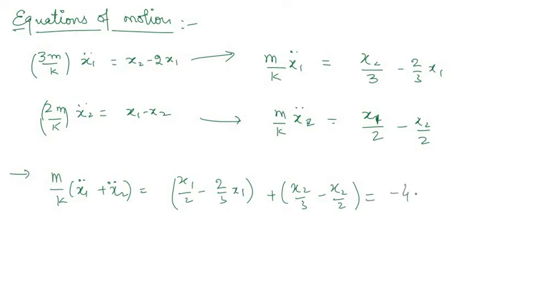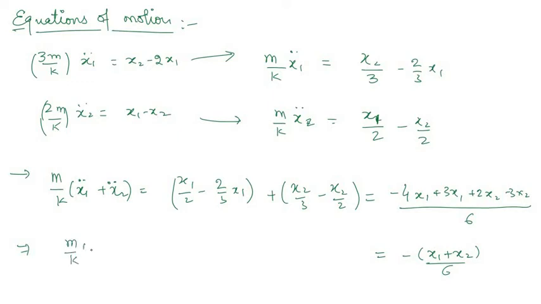So this is equal to minus of 4x1 plus 3x1, and this will equal to plus 2 of x2 minus 3 of x2 divided by 6. So this is equal to minus of x1 plus x2 by 6. So we came up with an equation that is m by k x1 double dot plus x2 double dot is equal to minus 1 by 6 of x1 plus x2.